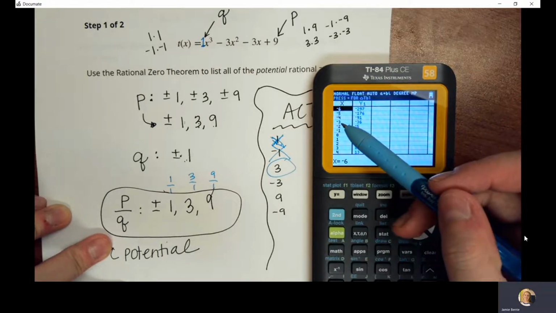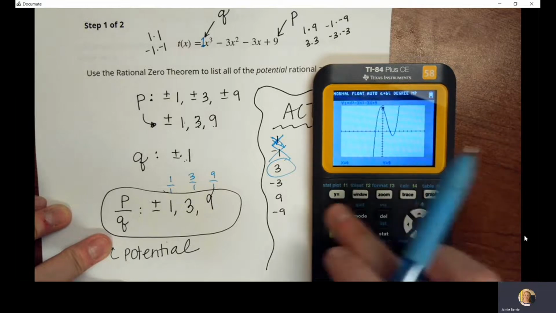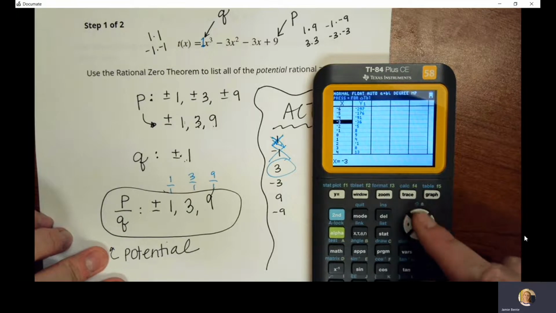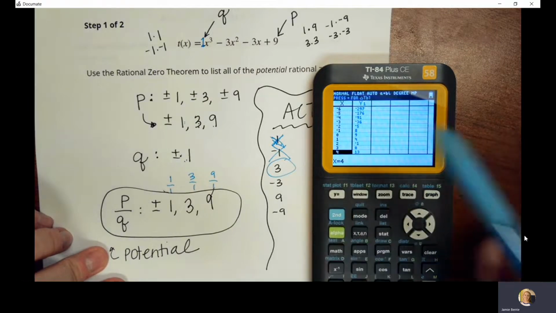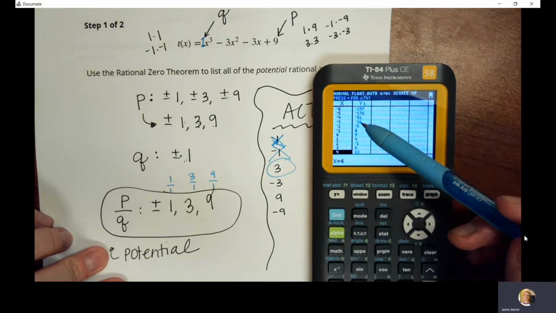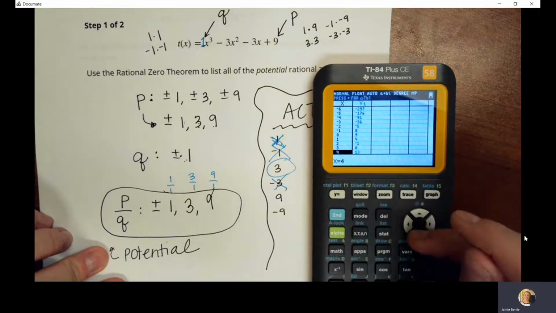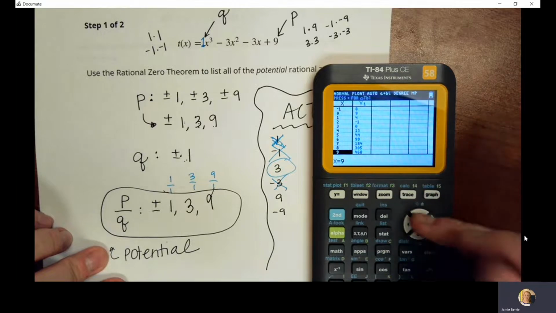Negative 3. You might have to scoot your table up if yours didn't show up. Sorry, you guys, I'm not looking at my calculator, I'm looking at the screen. You might have to go up and down on your table to find these values. Negative 3 is right here. Nope, that doesn't give us back 0. What about 9 and negative 9? 9 doesn't work for sure.